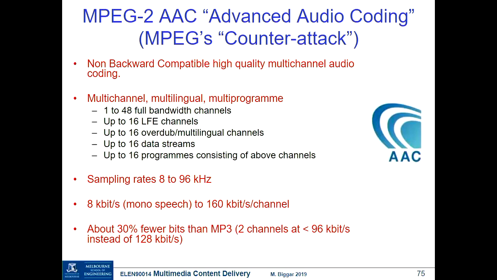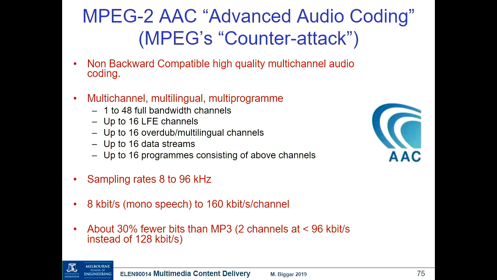It could be seen as MPEG's counterattack. They would put it more politely, but that's effectively what they did. They didn't want Dolby to take over the world. They wanted an open standard, and a more efficient solution. So they threw away the backwards compatible thing and tried to come up with an audio coder that was more efficient than Dolby, essentially. And indeed they did so.